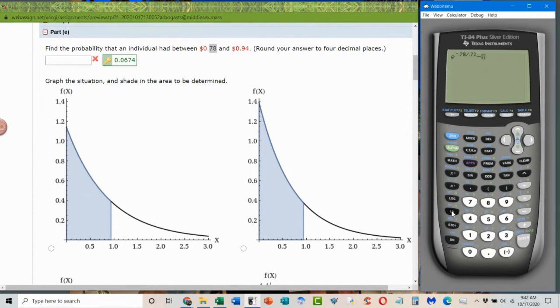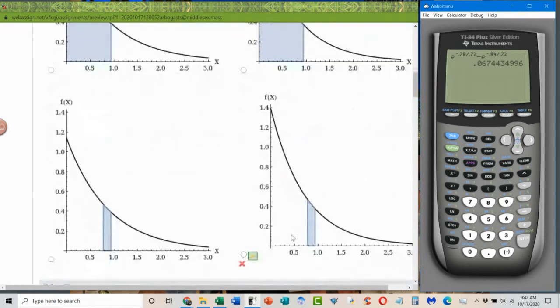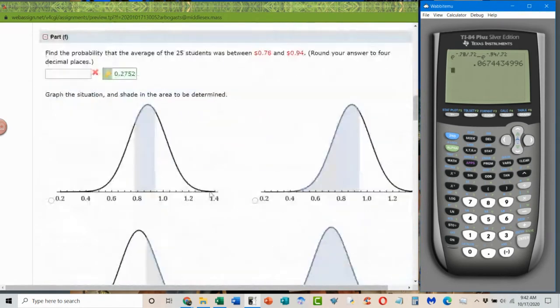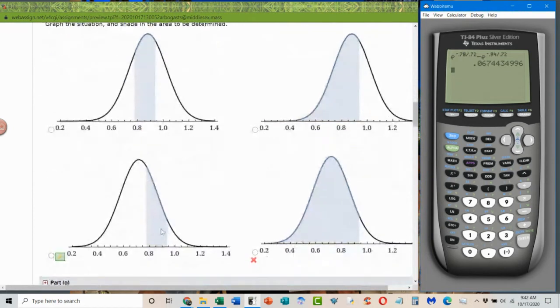So e to the negative 0.94 divided by 0.72. When we hit enter, we get our space. The big thing is that we can see there's a giant difference: this had only 7% of the time in this area, whereas this one has 25% of the time in this area.